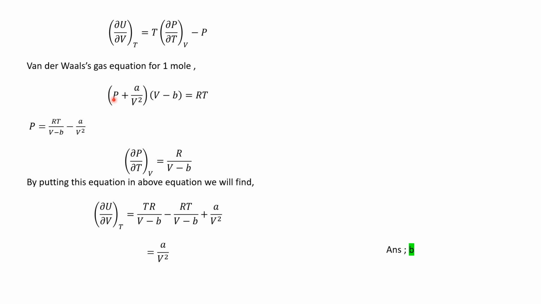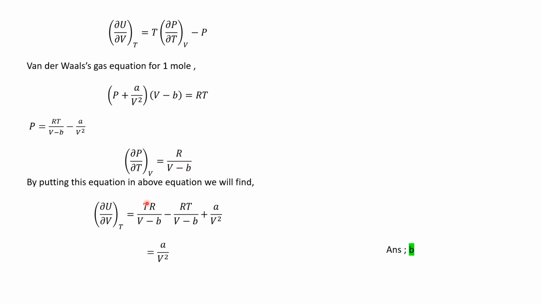And from here, we can get the value of P, that is, P is equal to RT by V minus b minus a by V square. And by differentiating with respect to T here, del P by del T at constant volume will be equal to R by V minus b.